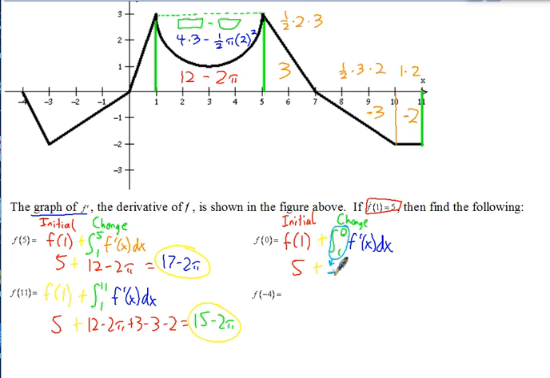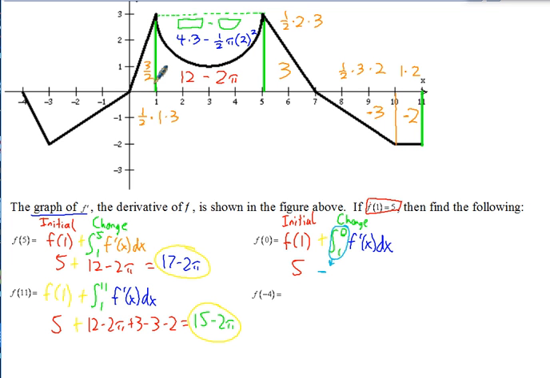So that's actually going to make it, instead of a plus there, that'll make it a minus, because we had to flip the lower and upper limit. But again, this still represents the area from 0 to 1. So that's this little triangle right here. You see the base is 1, the height is 3, so we get 3/2.